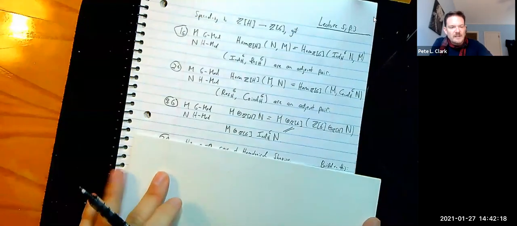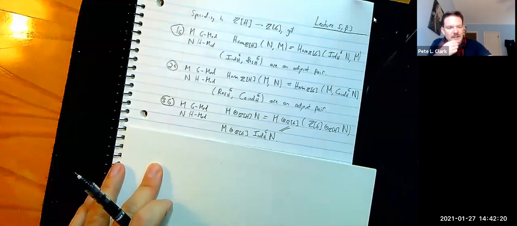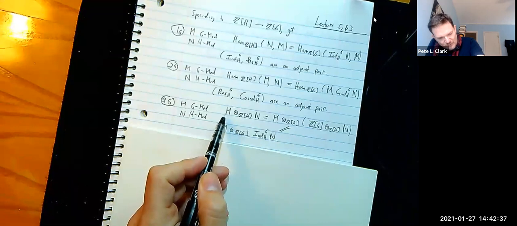All right, and so having said that, here's the telescoping tensor identity. If M is a G module and N is an H module, same as in all three cases, and I take, here I really did mean a res, so technically I mean res down to ZH of M, but most people just write this.